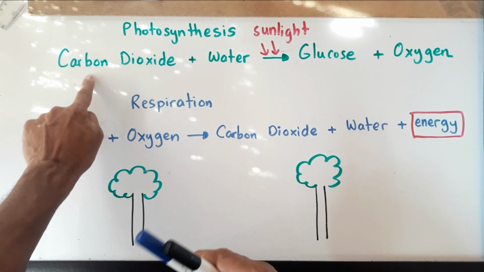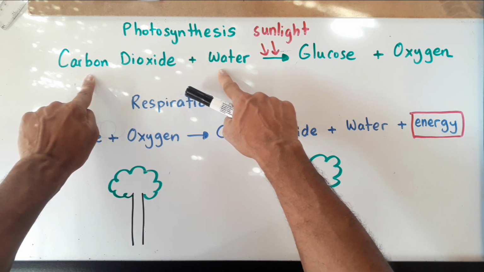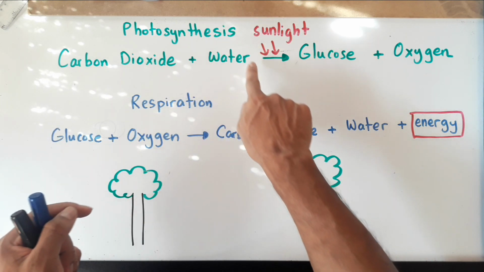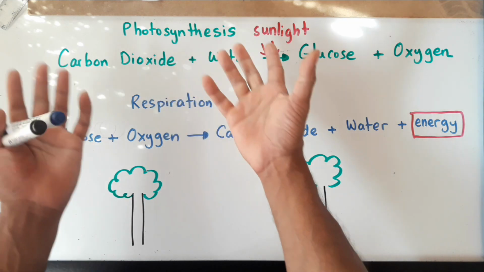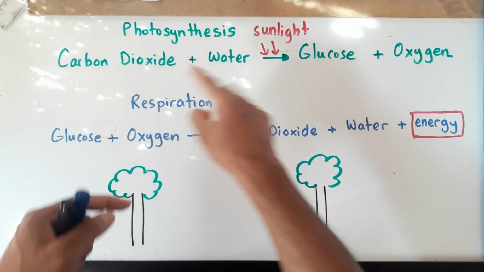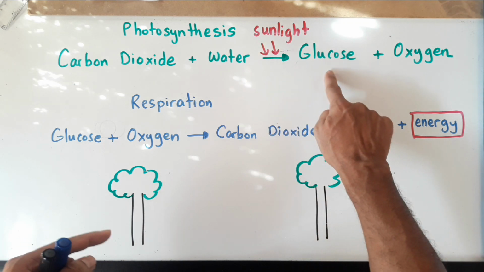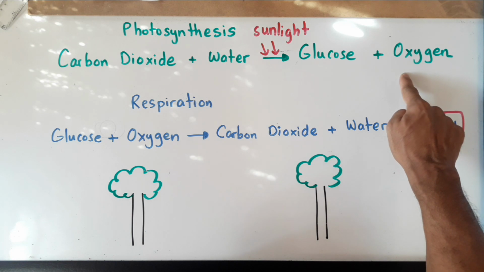Well, the plant will take carbon dioxide, add water to it. Once it has these two, it will take sunlight, and once 1, 2, 3 mix together, I'm using that term lightly, the plant will get two things: glucose and oxygen. Okay?